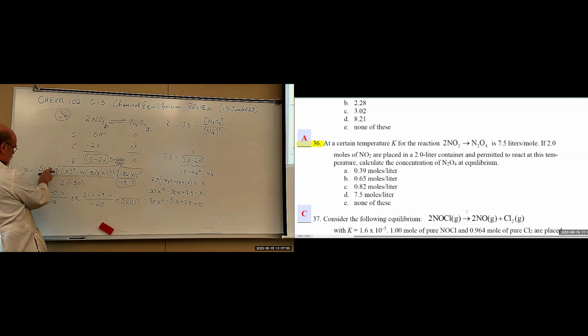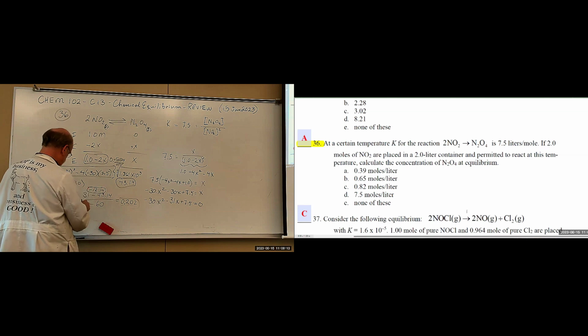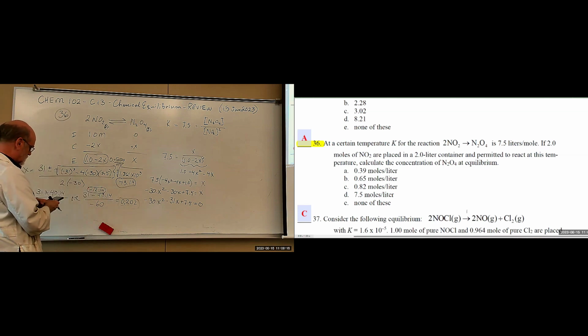We can't use this one. We have to use the minus one. So 31 minus 12.14 divided by 60. I still get that value. Am I missing a square somewhere? It looks right.